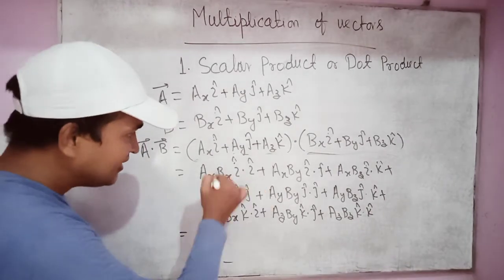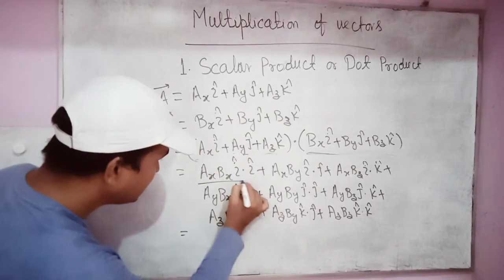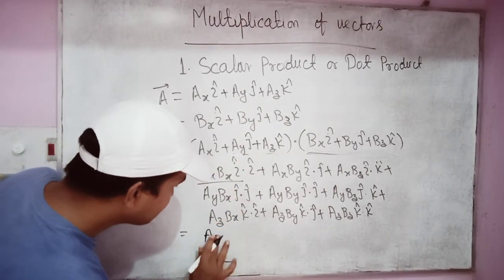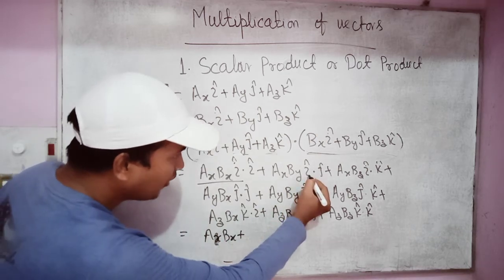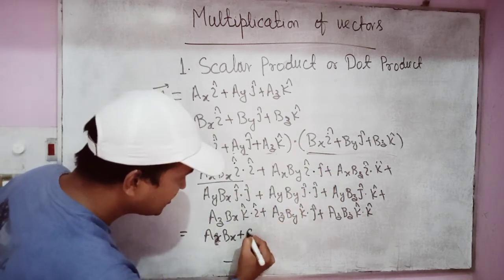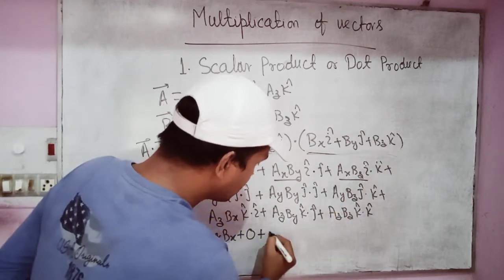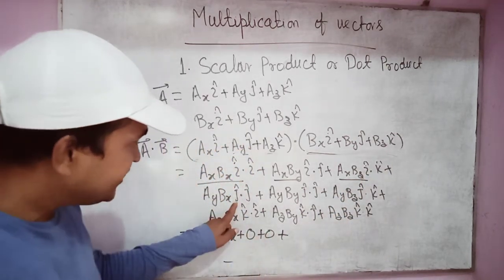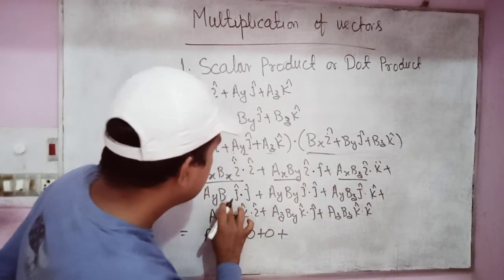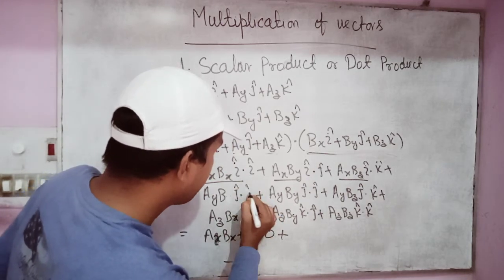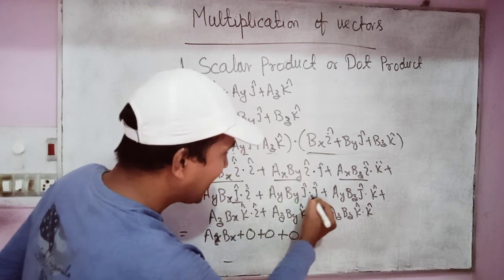As we have seen earlier in this lecture, i cap dot i cap is equal to 1. So this term is equal to ax bx, and i cap dot j cap is equal to 0, so this term becomes 0. Similarly, i cap dot k cap is also 0, and j cap dot i cap is also 0, and j cap dot j cap is equal to 1.